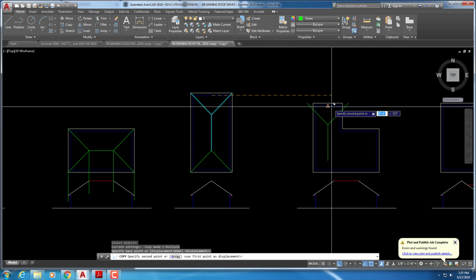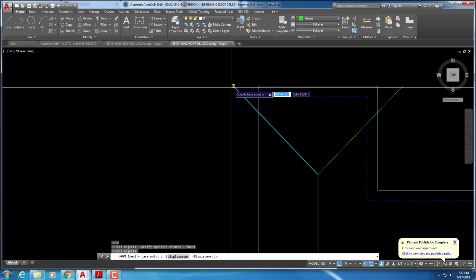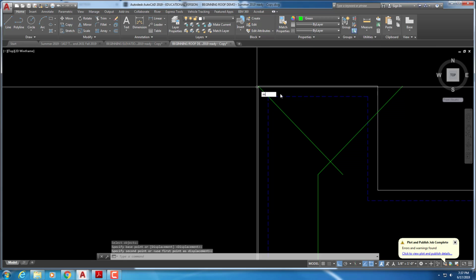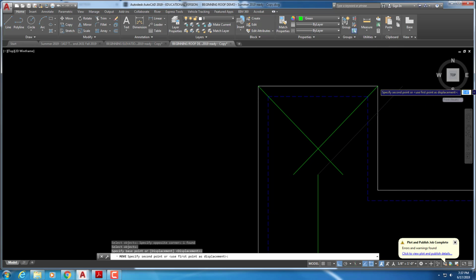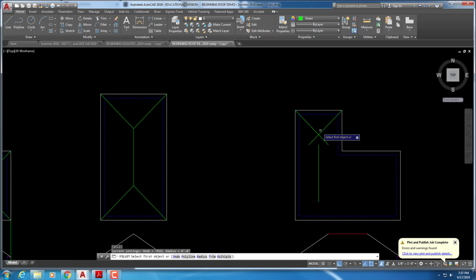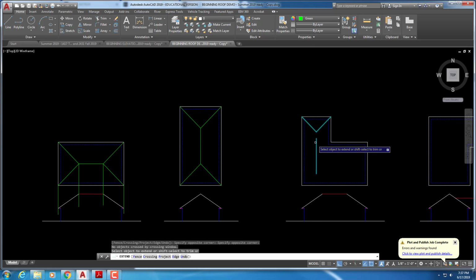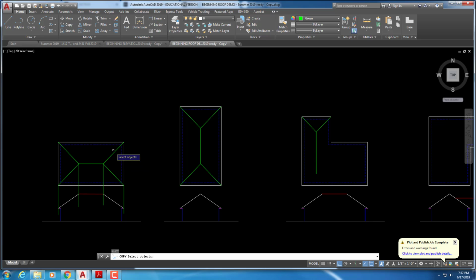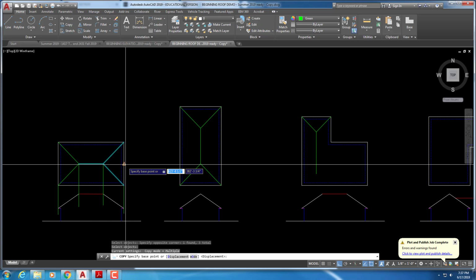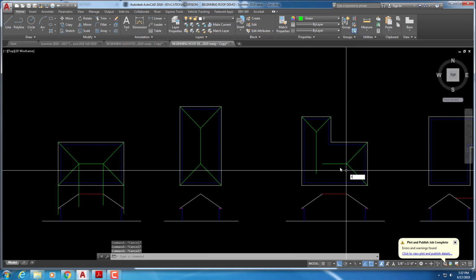Not sure that's the right width, but we'll try that to begin with. Alright, so I'm going to realign those.